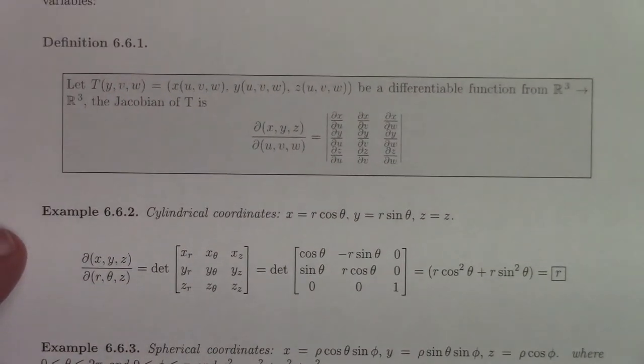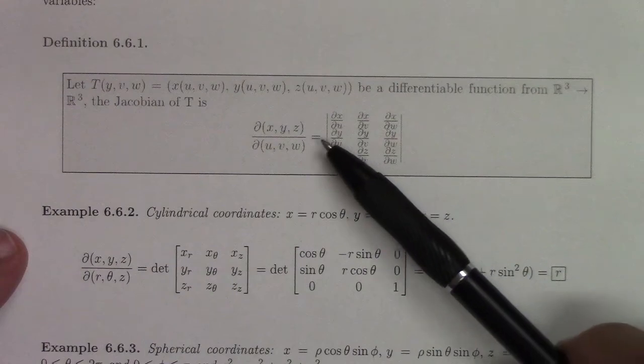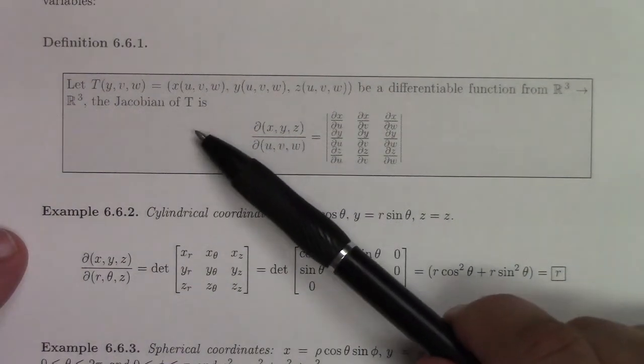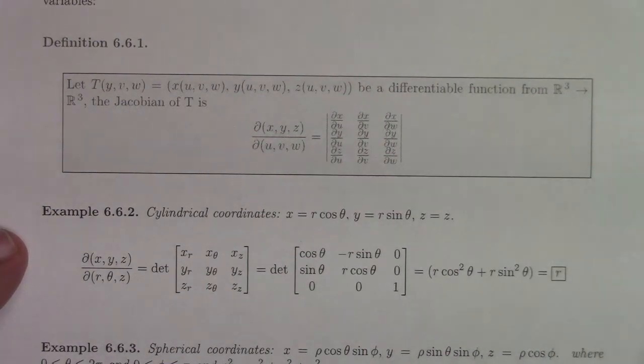All right. So that brings us to triple integrals. For triple integrals, the Jacobian is a 3 by 3 determinant, the determinant of this 3 by 3 matrix.